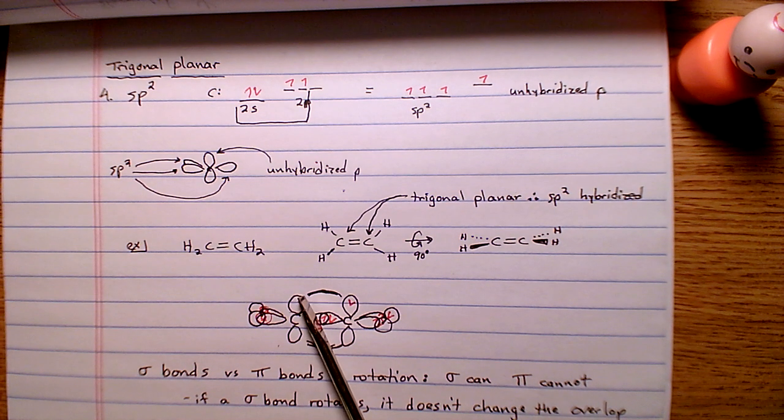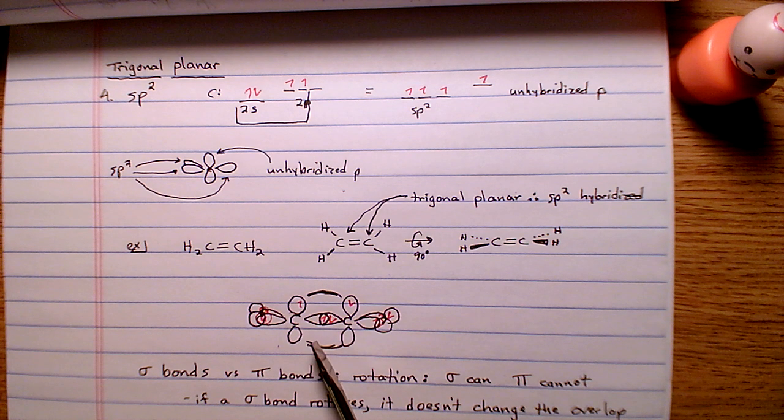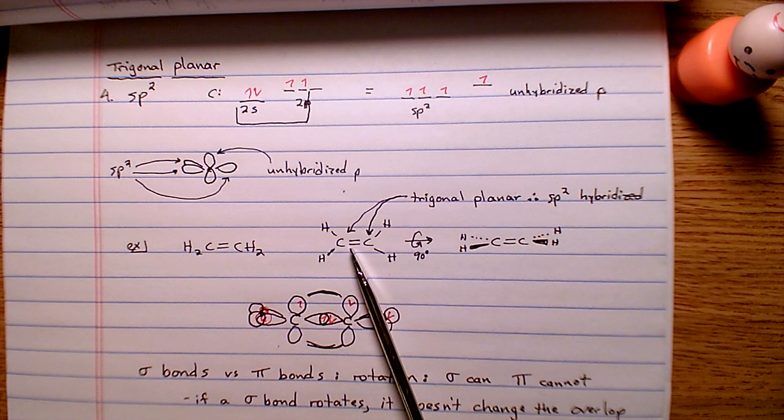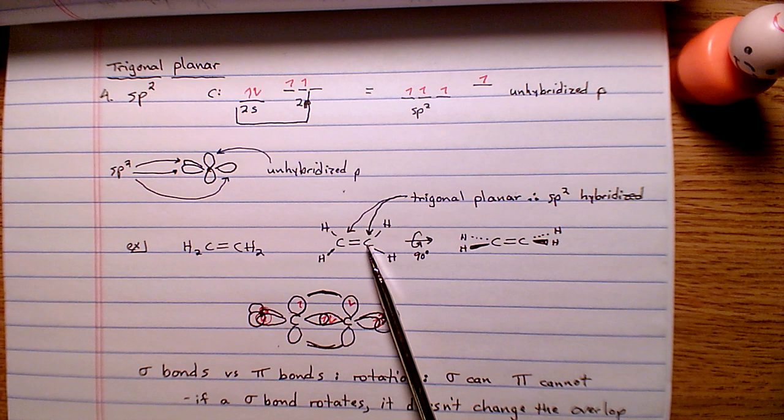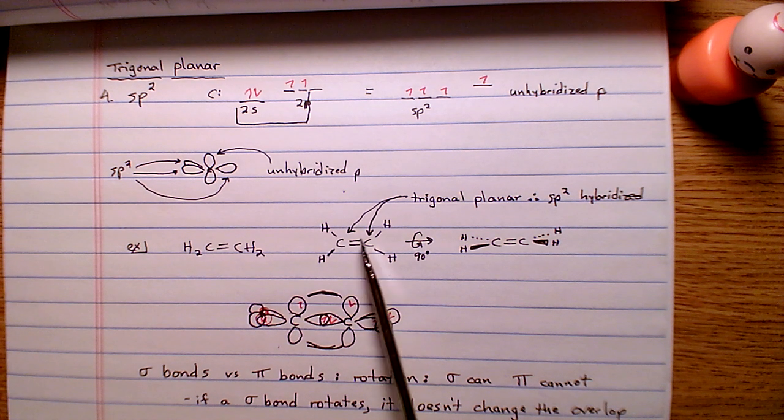But this unhybridized p orbital overlapping with this unhybridized p, notice this orbital overlapping with this orbital, also is a bond. That is a pi bond. So what that tells us is our double bond is actually a combination of a sigma bond and a pi bond.